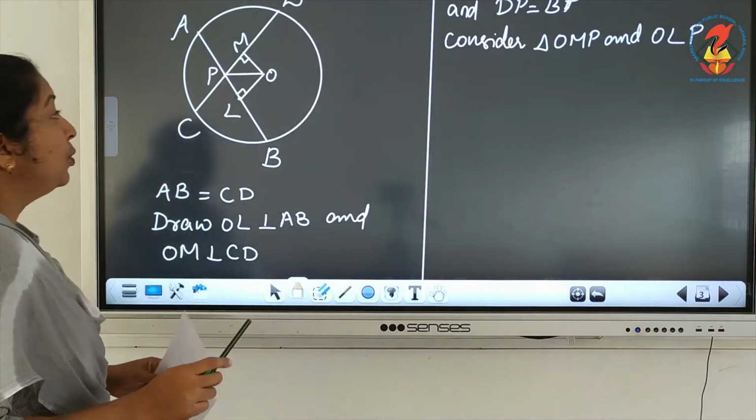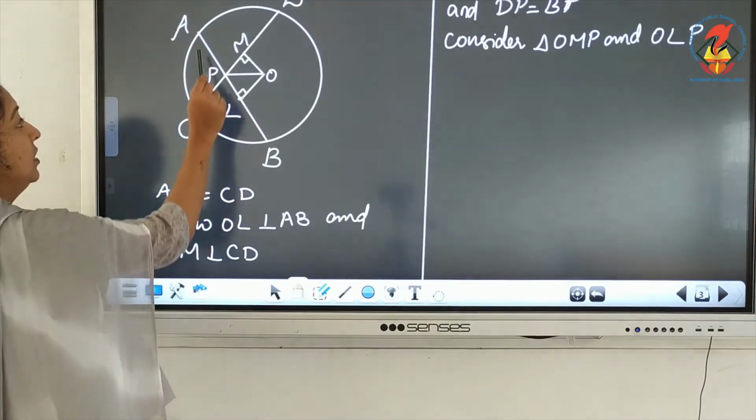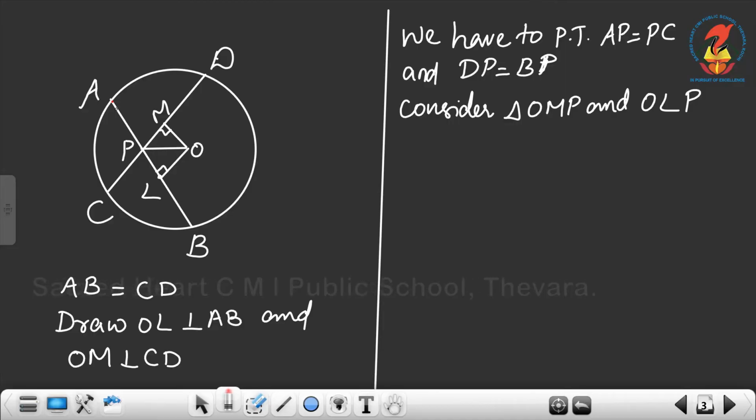We have to prove that the segments are equal, that means AP is equal to CP and DP is equal to PB.